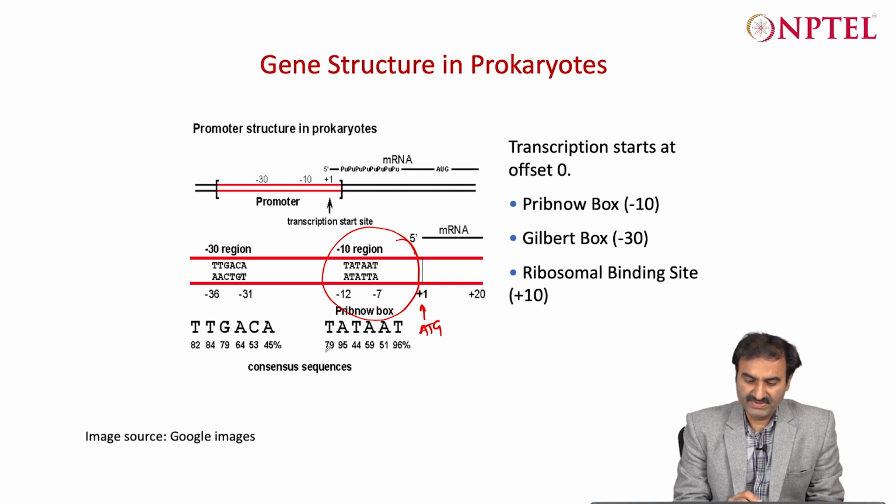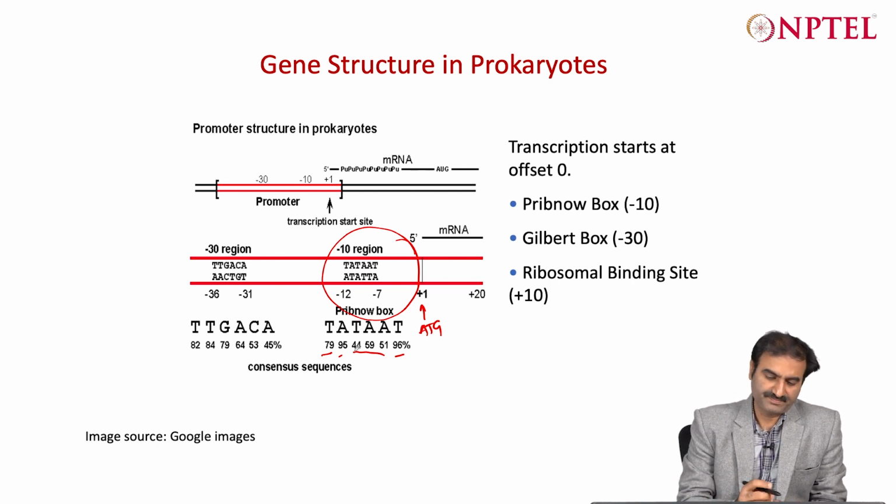You can see that it has a kind of consensus or conserved TAT sequence, of which the first T is generally found 79% of the time, A is found 95% of the time, and the last T is found 96% of the time, and in between it is about 51%. So it is conserved but still variable depending upon the species and its GC composition.